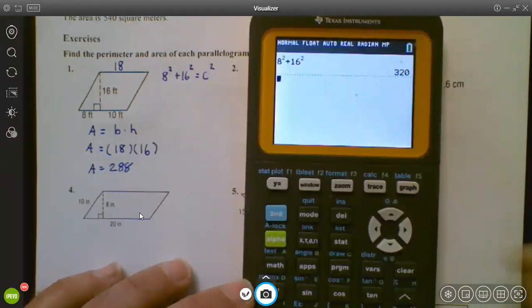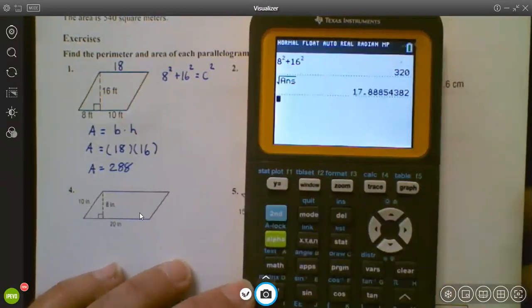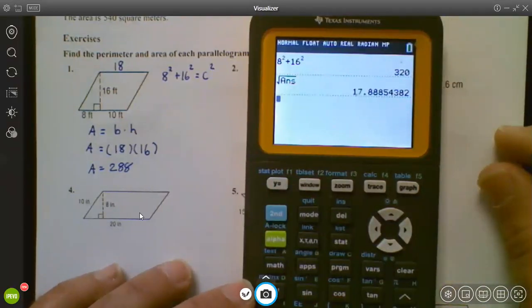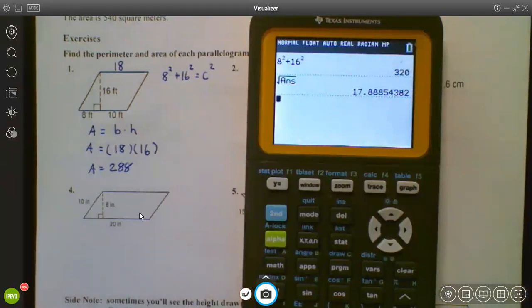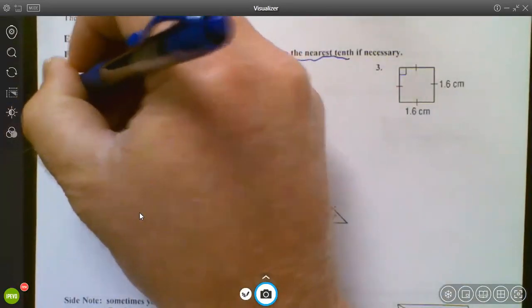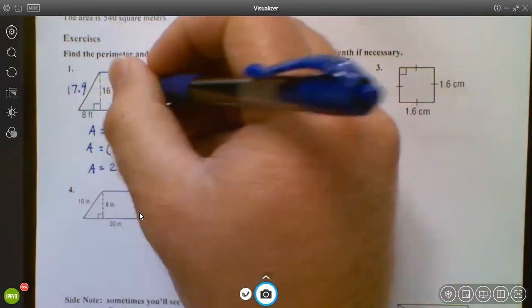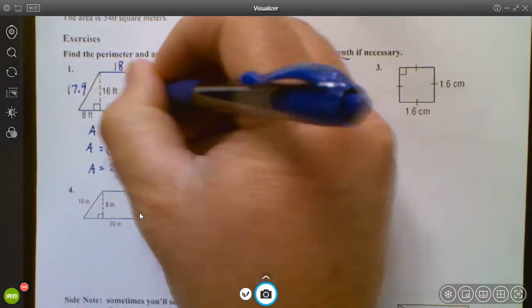And then to get c, I take the square root. And so we're going to get about 17.9 for the left side of that shape. And like we already talked about, if the left side is 17.9, so is the right side.